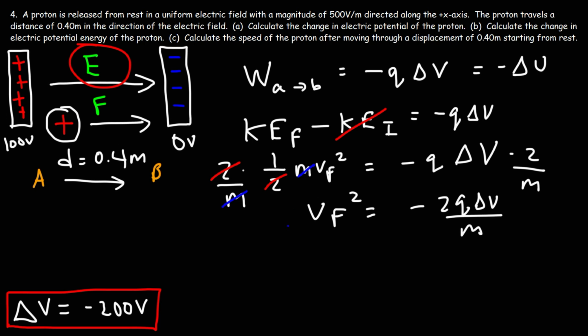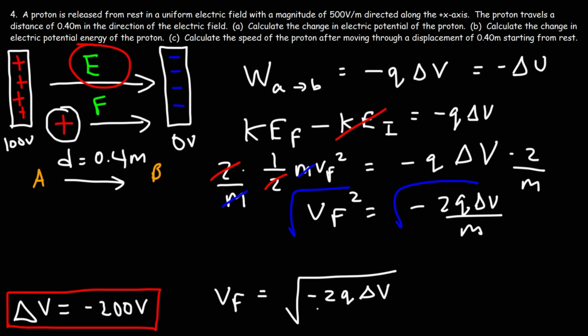And then let's take the square root of both sides. So the final speed, when accelerating from rest, if there's an initial speed, you need to take that into account here. But the final speed accelerating from rest is going to be the square root of negative 2 times the charge times the change in electric potential, or the voltage, divided by the mass.